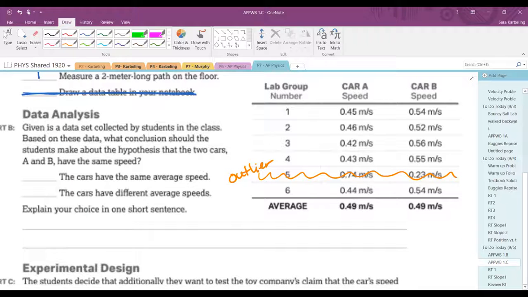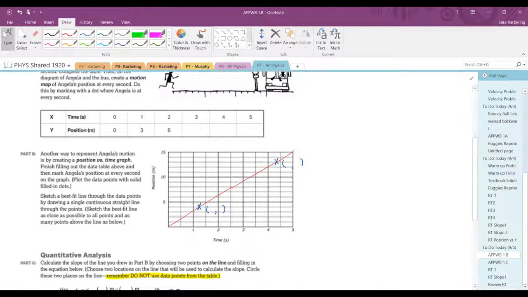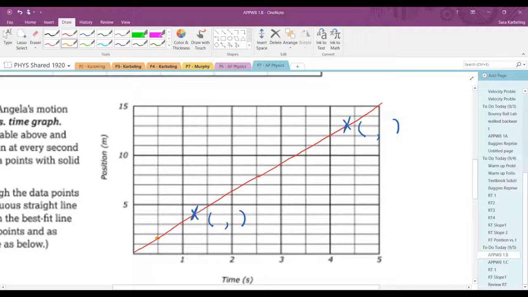So if you're doing a lab and you have some really bad outliers, can you just completely omit it? Heck yeah. I mean, let me back up. Let's say you have a line, and you have data, I'm just making stuff up here, like this. Then you have one over here. You would put it on the graph, but when you're drawing your line, you would draw it like that.